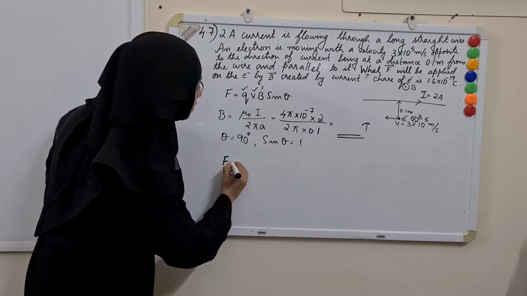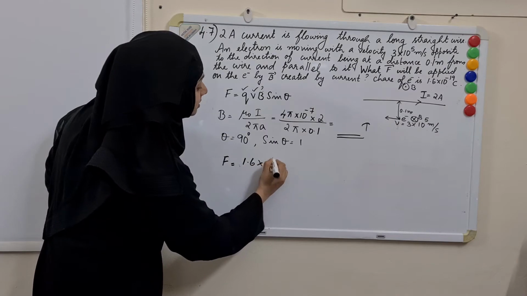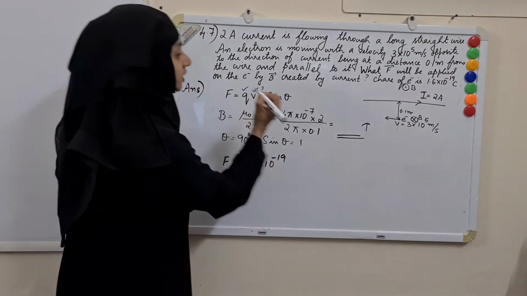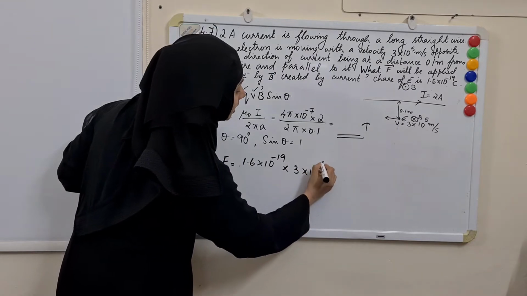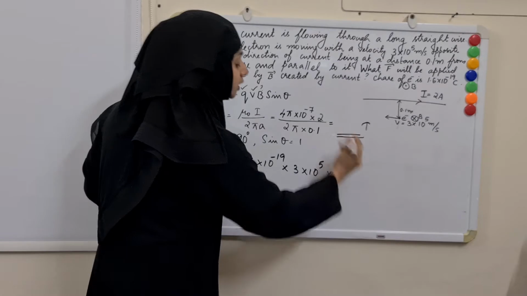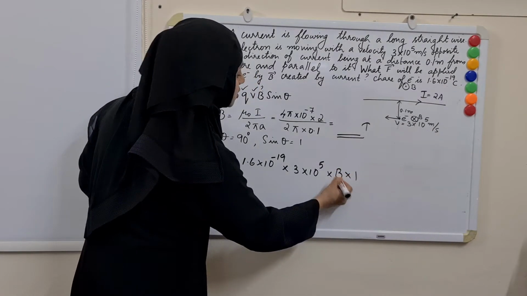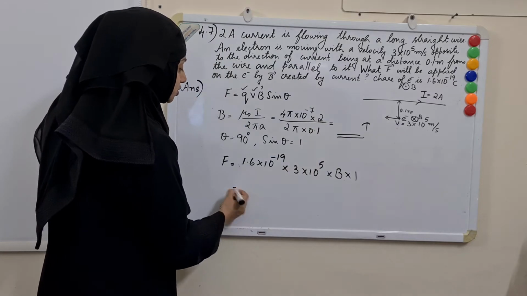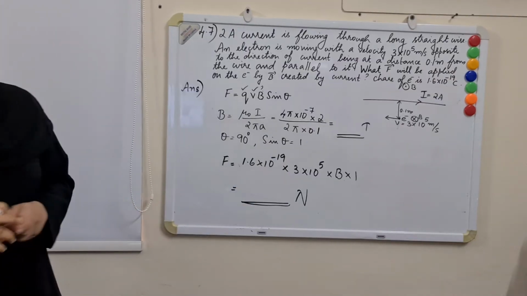So F is equal to Q, which is given as 1.6 into 10 raised to minus 19 coulomb, into velocity, which is 3 into 10 raised to 5 meter per second, into B, whatever value you get here, and sin theta is 1. So when you substitute all those values, you will get the value of force.